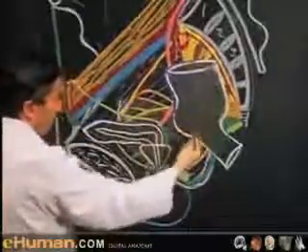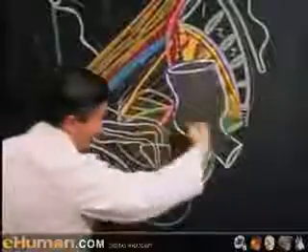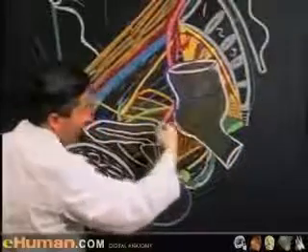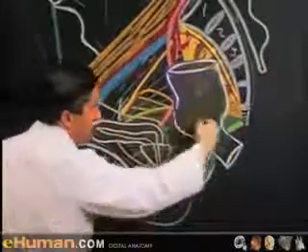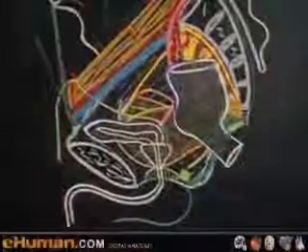Laterally, we can feel the levator ani as it sweeps round, and the puborectalis fibers sweep round and encircle the junction of the rectum and the anal canal.